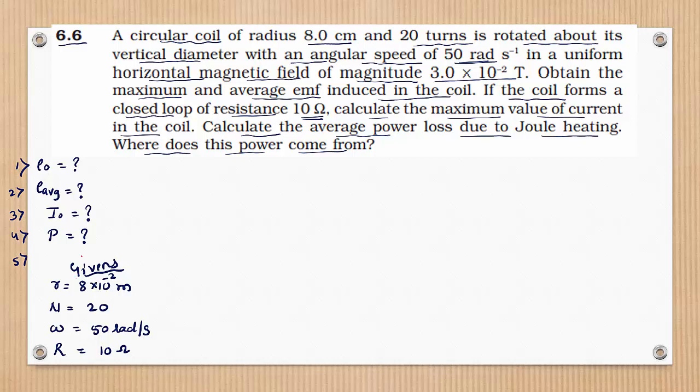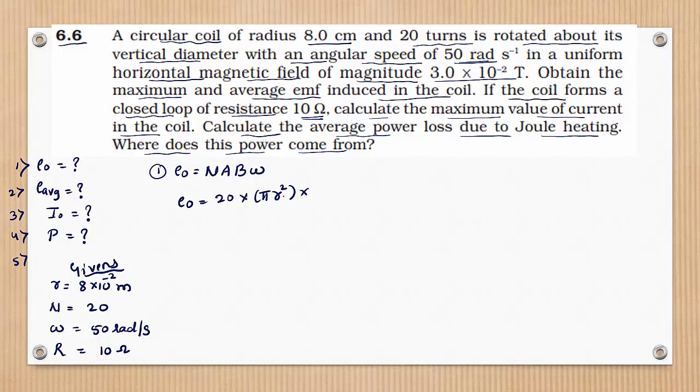The first one is all about the maximum EMF. We already derived an equation for maximum EMF: E naught equal to NAB omega. Substitute the values. N is the number of turns, 20. Area is not given, but instead of area they have given the radius, so in place of A we can write pi r square.